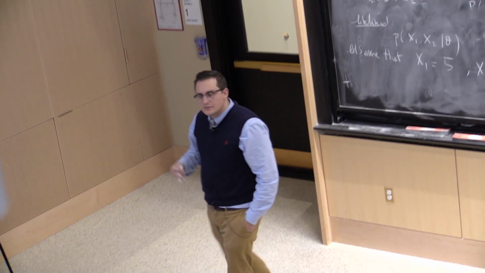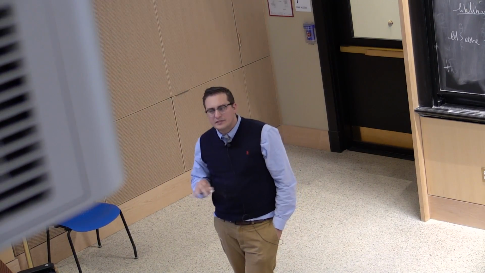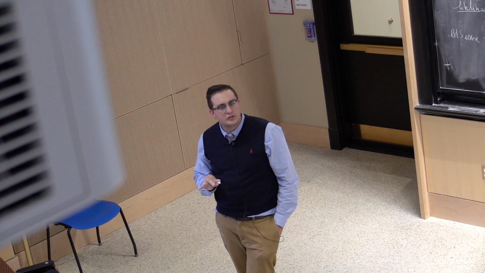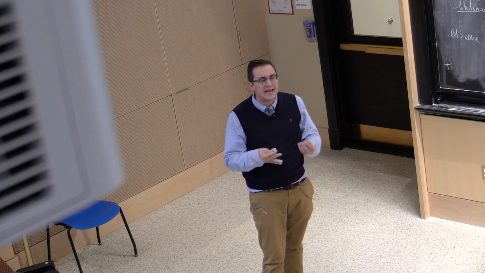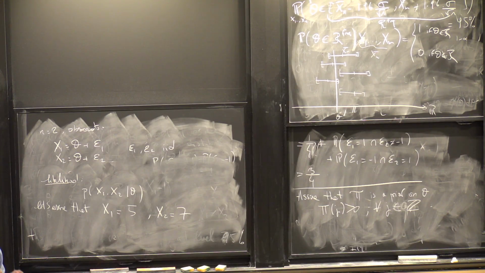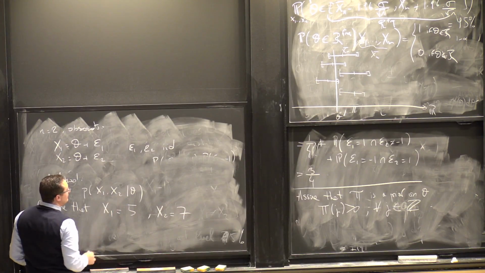I'm not going to take the case where they're equal to each other, because I know that in this case, x1 and x2 are different. I know I'm going to nail exactly what theta is by looking at the average of those two. Here, it must be that theta is equal to 6. So what I want is to compute the likelihood at 5 and 7.